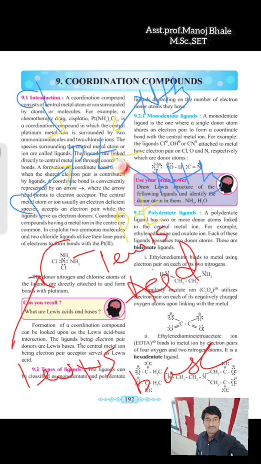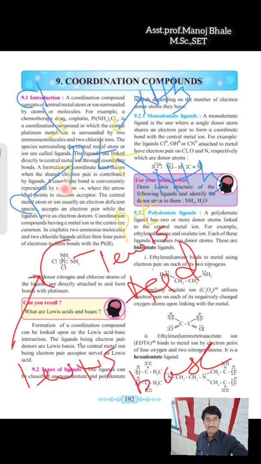Where is this arrow? Towards the platinum. That indicates this ammonia also donates electrons to the platinum, our central metal. This chlorine also donates electrons to the central metal.